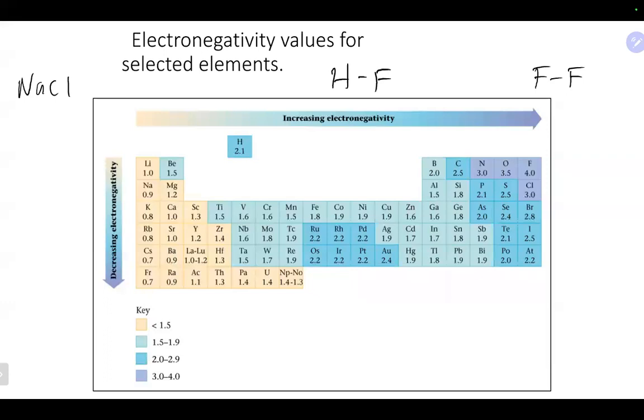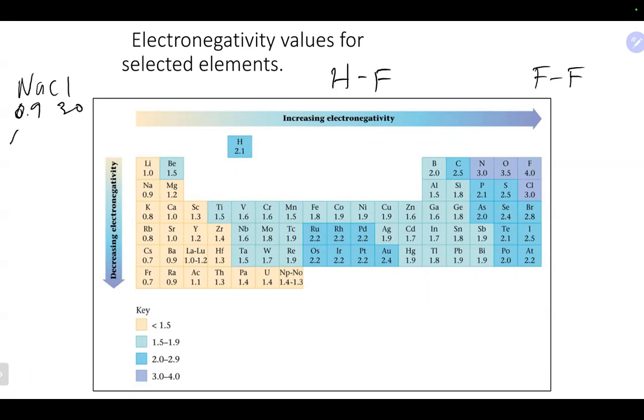Let's say we wanted to figure out whether these bonds will share electrons equally, unequally, or not at all. We'll start with sodium chloride. Sodium's value on the table there is 0.9. Chlorine's value there on the table is 3. Basically here, we take the larger number minus the smaller, so we get a positive number.